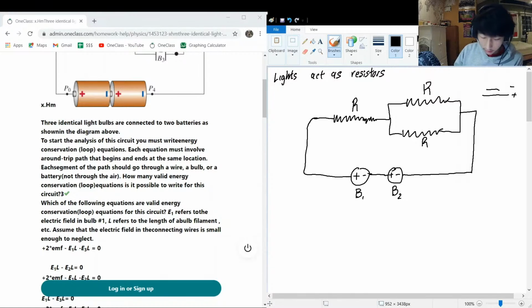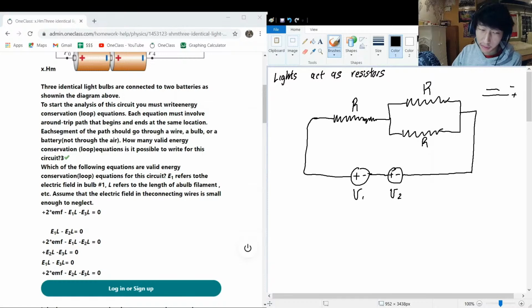Maybe instead of B we can use V for voltage. Sometimes people also use E for electromotive force, but V is going to be the most common, especially in electrical engineering. I'm not really in electrical engineering myself, more in the software world, but there's a lot of overlap, and a lot of my friends are in electrical engineering and share a lot of knowledge.